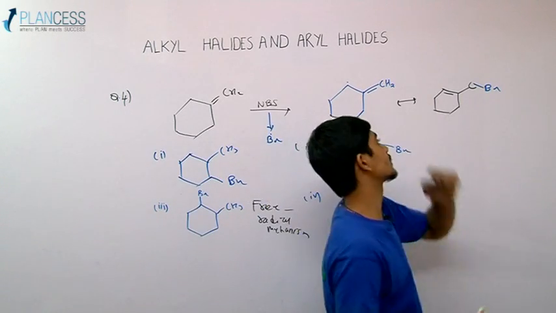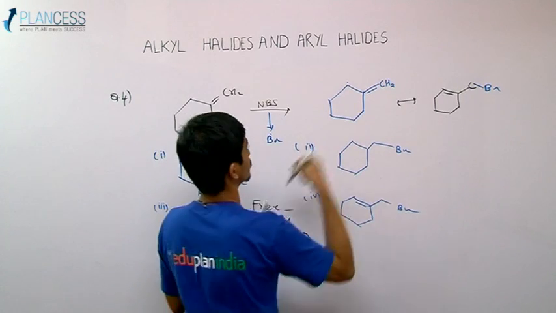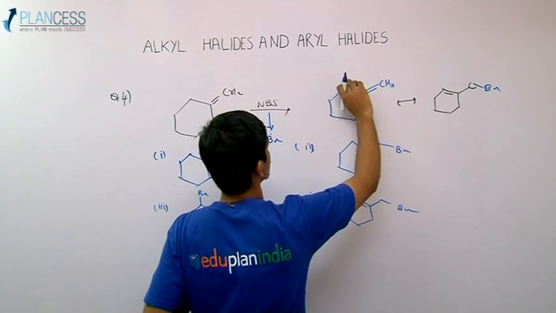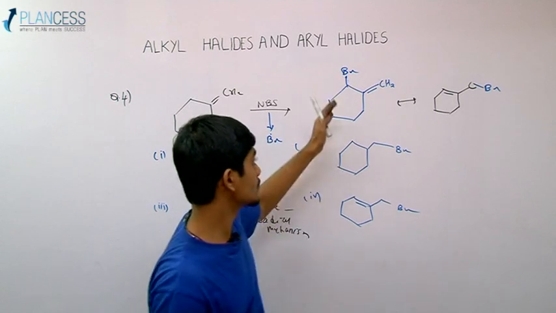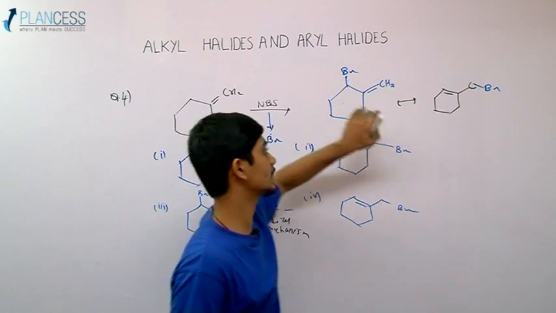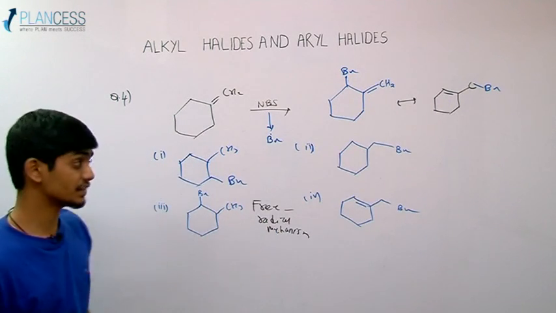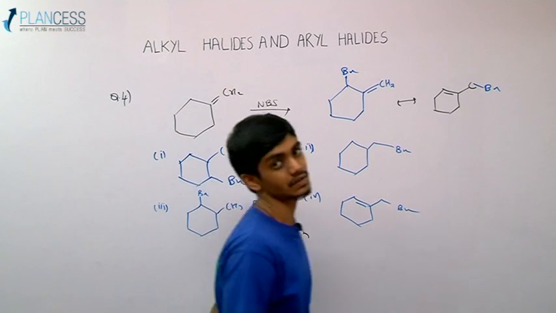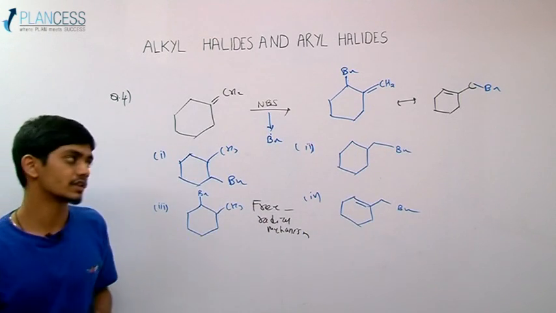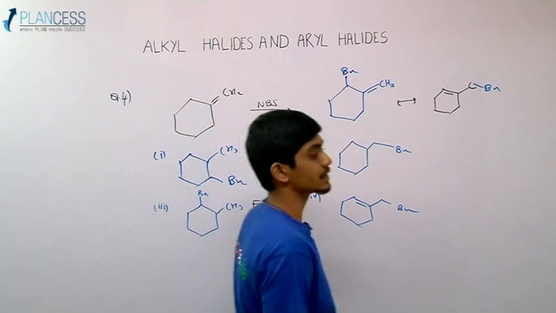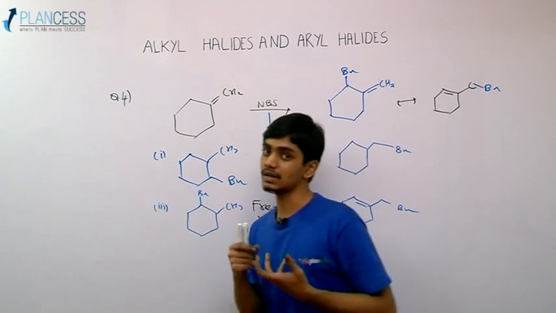Why is this the major product and not this? If Br comes over here, then this will be our major product. I mean, why is this the major product and not this? The reason is, see the stability of the alkene which we have formed. Here the major driving force is the Saytzeff rule, which says that the more stable alkene is formed.